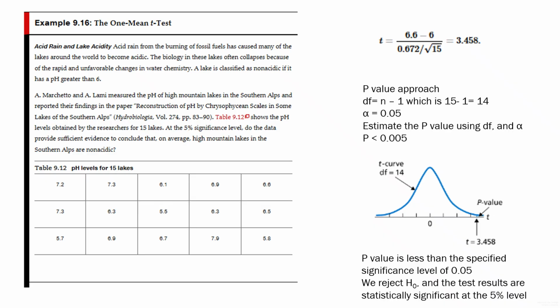And if you look at the table here, the highest number that it goes up to is 2.977. So it is actually less than 0.005. And so the p-value is less than the specified significance level of 0.05. So we reject our H0 and state that the test results are statistically significant at the 5% level.